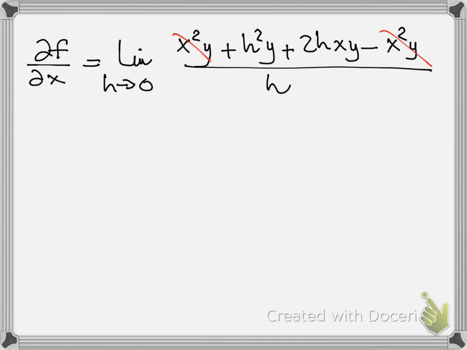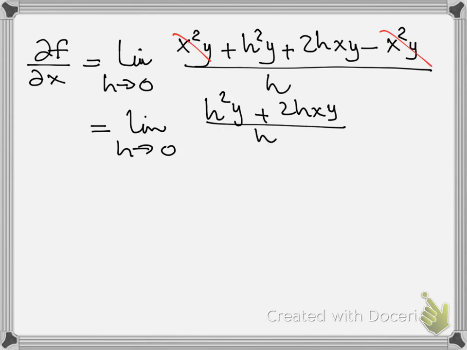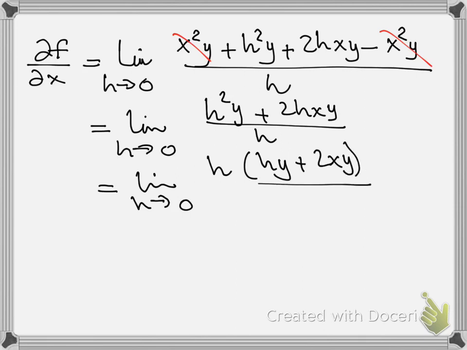So that will be equal to the limit as h goes to 0 of h squared y plus 2hxy over h. Right, so we can factor out h in the top, so that will be hy plus 2xy over h.